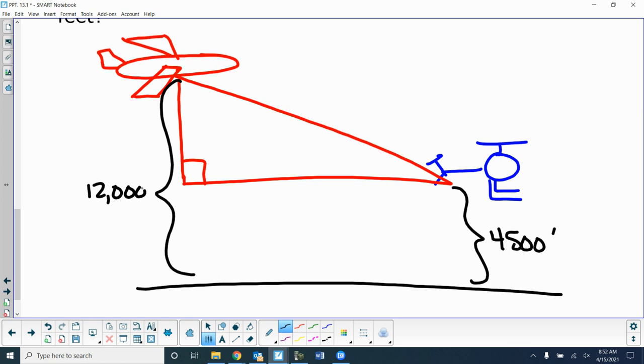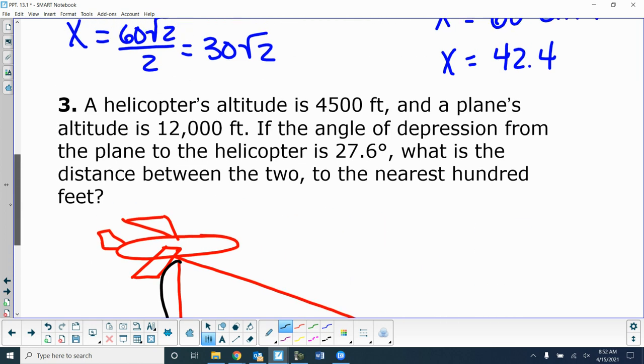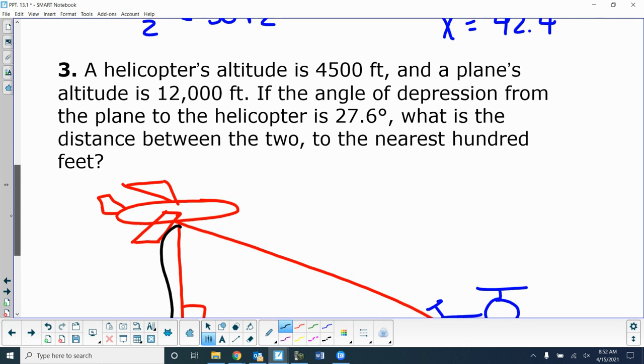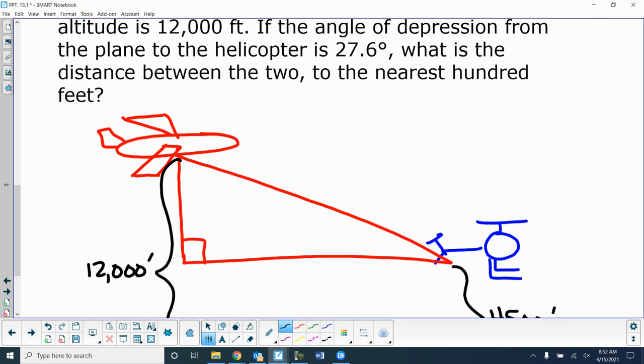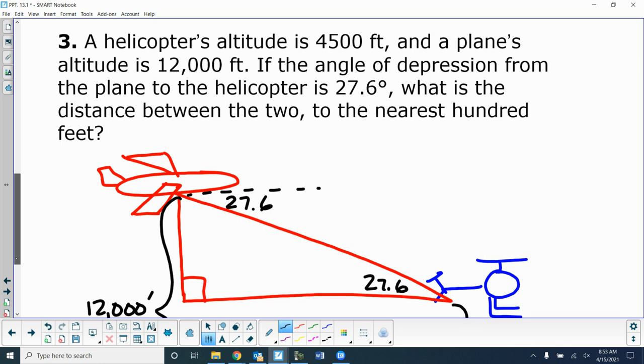Isn't that what it said? Make sure I read that right. Yeah. The angle of depression from the plane to the helicopter is 27.6. Remember, that's 27.6. So down here is 27.6. Okay? What is the distance between the two to the nearest 100 feet?